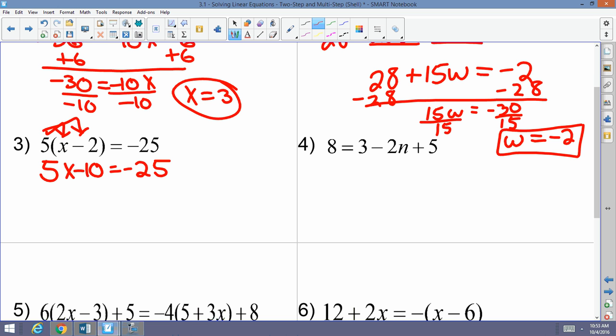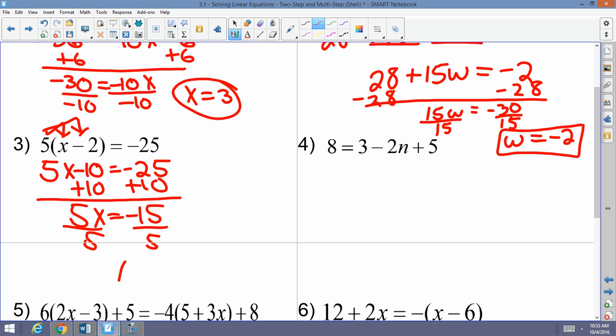So how do I solve this? Add 10, very good, to both sides. Excellent. And then what's negative 25 plus 10? That's exactly correct. And then how do I solve for x? Divide by 5, yes. x equals negative 3, very good.